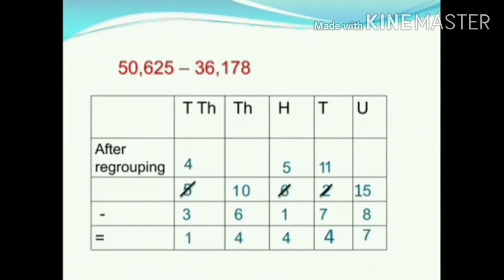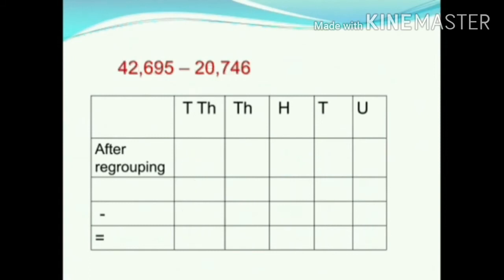Therefore, the difference between 15,625 and 36,178 is 14,447. Now we should subtract 20,746 from 42,695. First write the number in the vertical column according to place value of each digit.